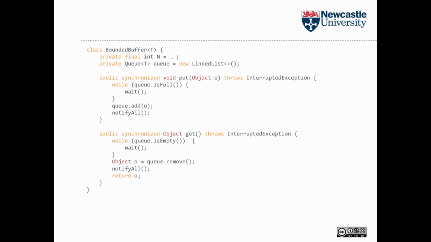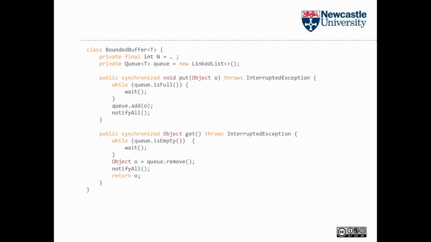The notification at the end of the get is telling that I have depleted one element from the queue, and the notification on the put is signaling that I inserted a new element.